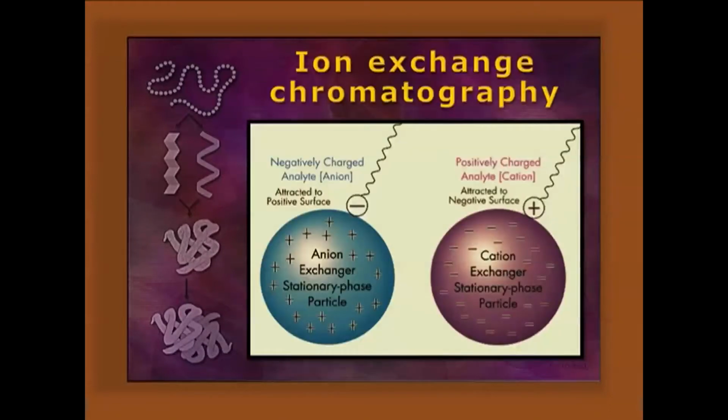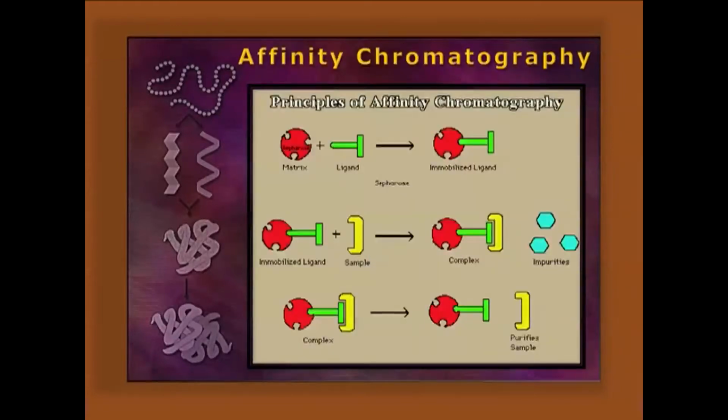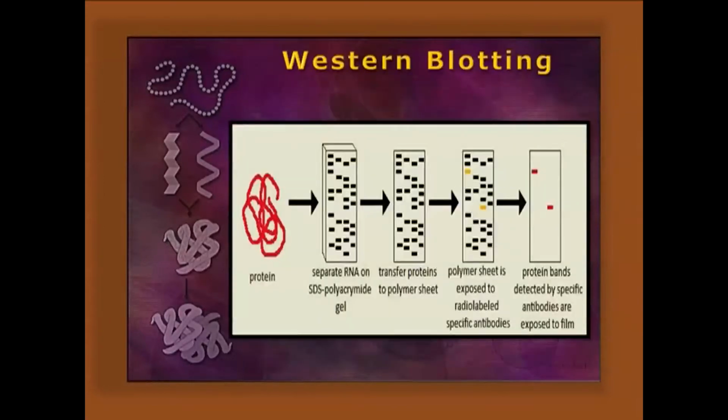Ion exchange chromatography, where proteins are separated according to their charge by interacting with the matrix. Affinity chromatography, where proteins are separated according to binding with a specific molecule like antibodies. And Western blotting, where by hybridization the protein of interest can be screened out with the help of antibody binding.